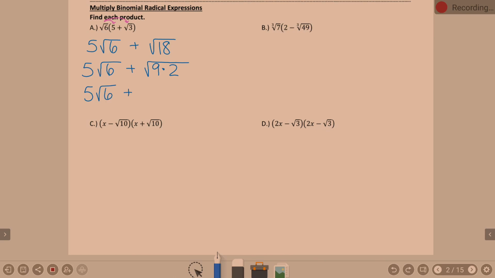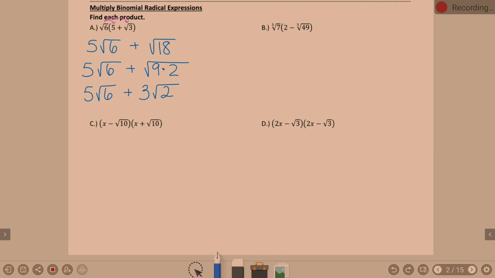What do you know about the square root of 9? 3. That's going to go out front. What do you know about the square root of 2? It stays square root of 2, doesn't it? Am I adding? You're done. I have a square root of 6 and a square root of 2.